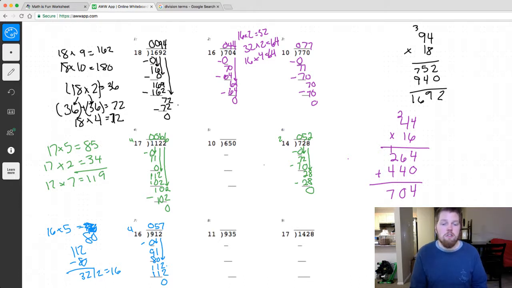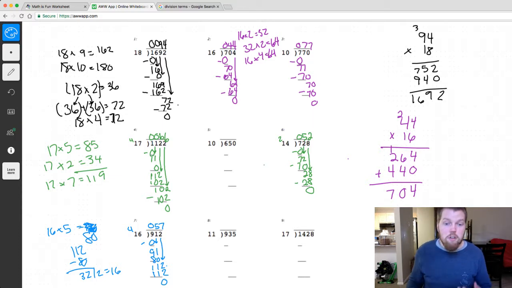So long division, to get faster at these problems, you really need to start looking at every number and trying to think, how do I get as close to that number as possible with your divisor, and if that number would be equally divisible by your divisor.